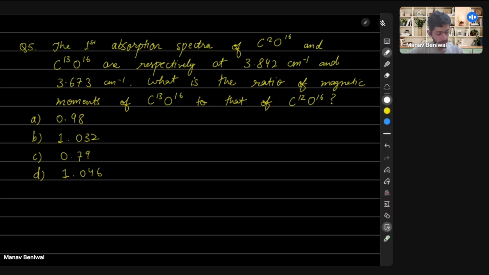Okay, so as we said that the rotational term, this is the rotational term, right, denoted by F. So this is B J, J plus 1.